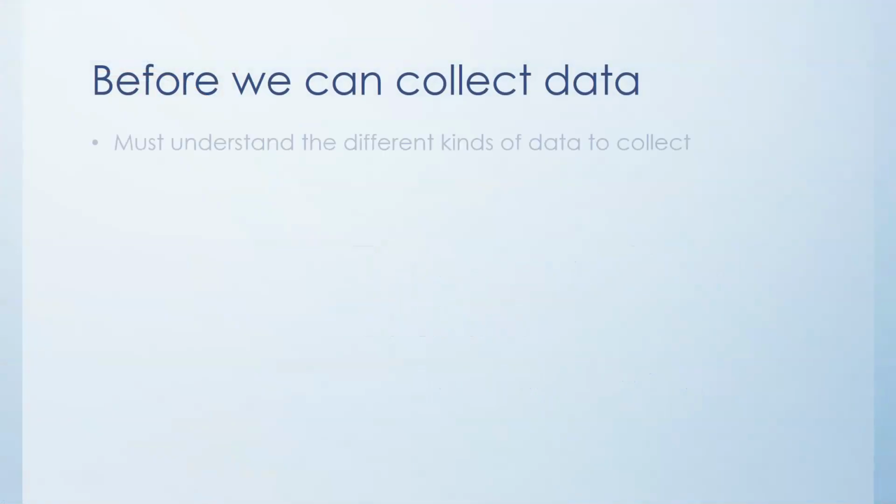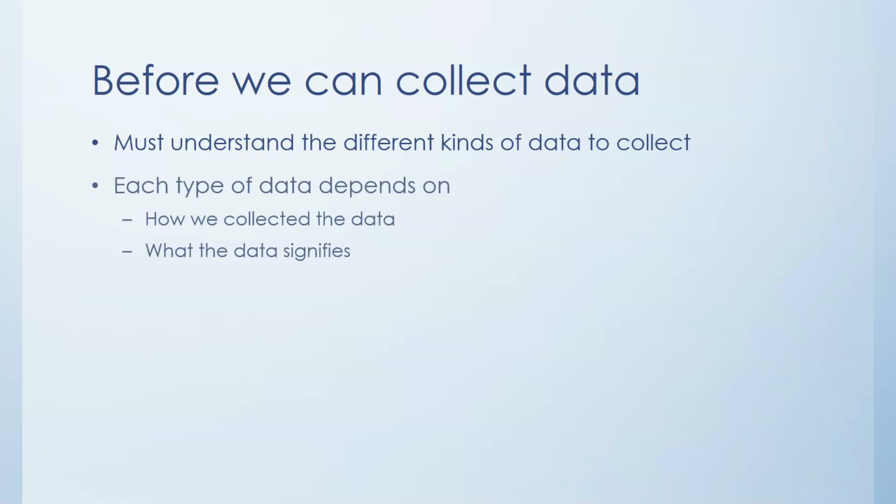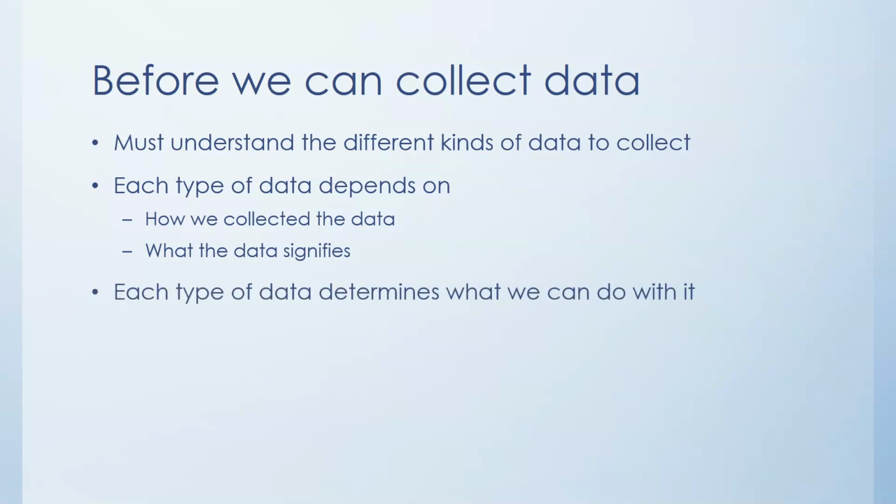Before we can collect data, we've got to have a sense of the different kinds of data one can collect, because the type of data determines what you can do with it. It depends on how you collected the data and what that data signifies, and we'll see examples.